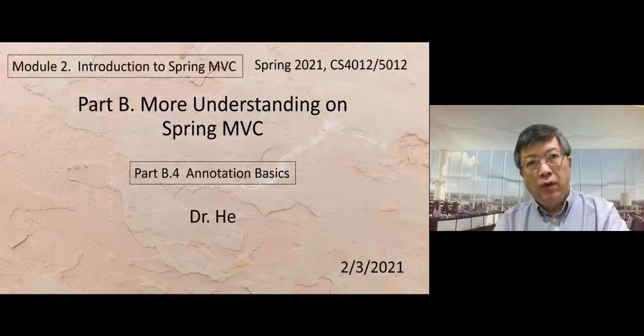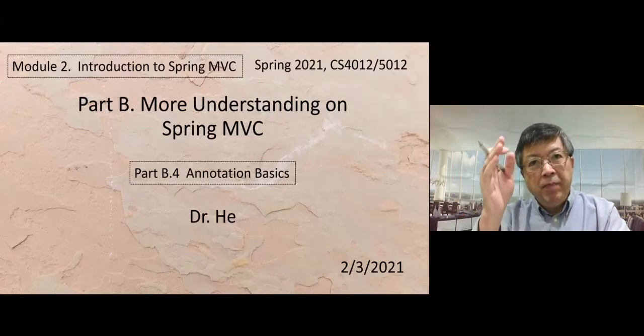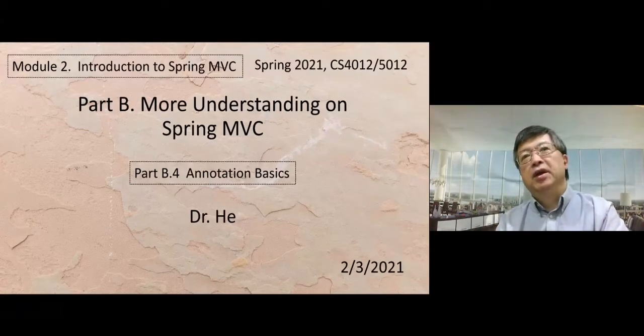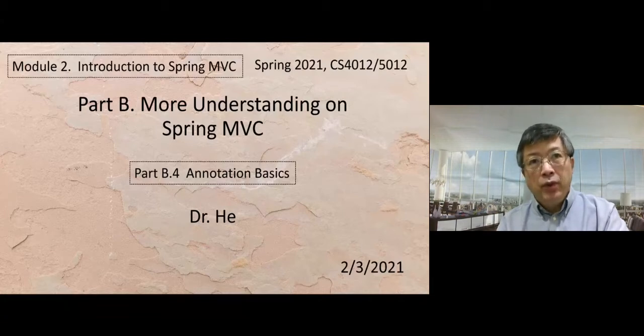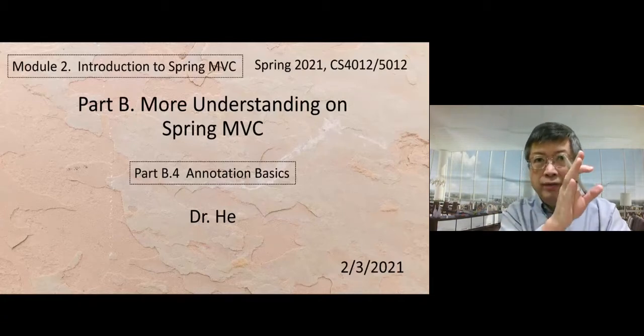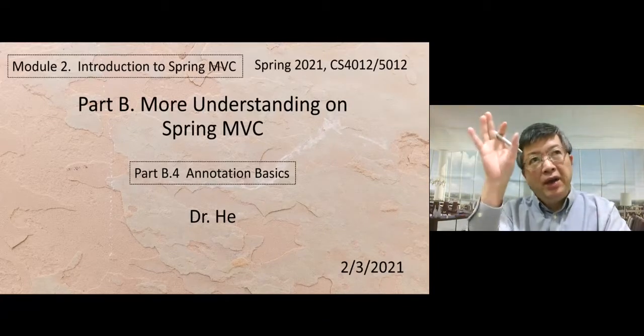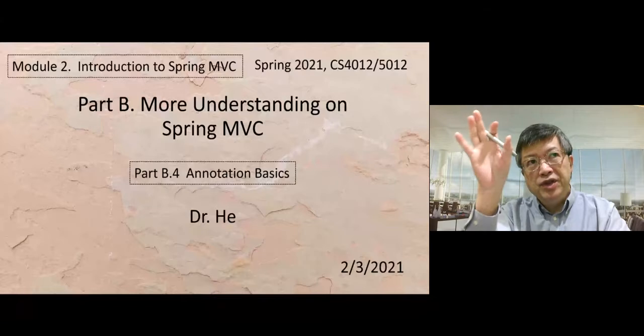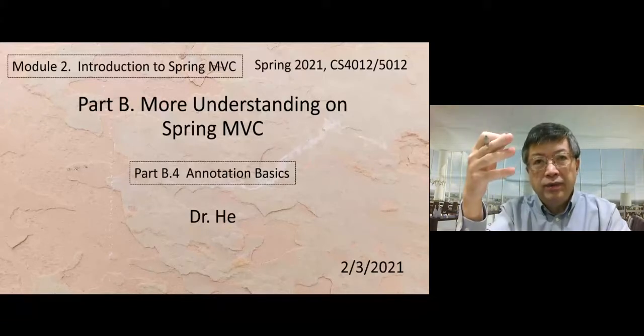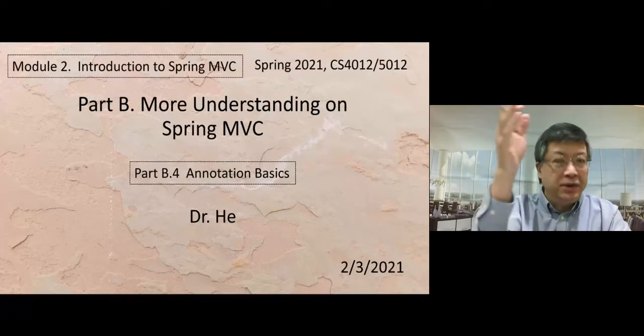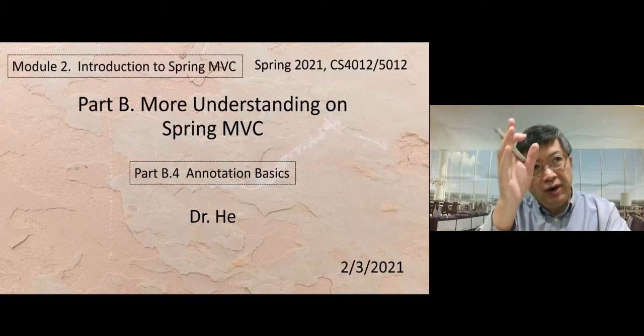Part B.4, Annotation Basics. The reason is very simple. We will move from the older version of Spring MVC to the current version of Spring MVC. And in the current version, the configuration part is based on annotations. So we need to learn that part.